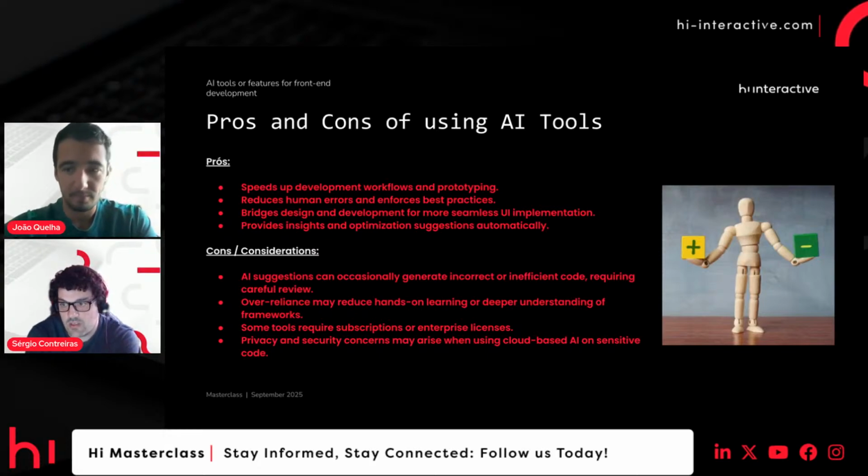With those tools, we can significantly enhance our productivity and our code quality. But they also come with some limitations that developers need to be mindful of. So understanding these pros and cons will be the best way to use the AIs in your work. So let's start with the pros.